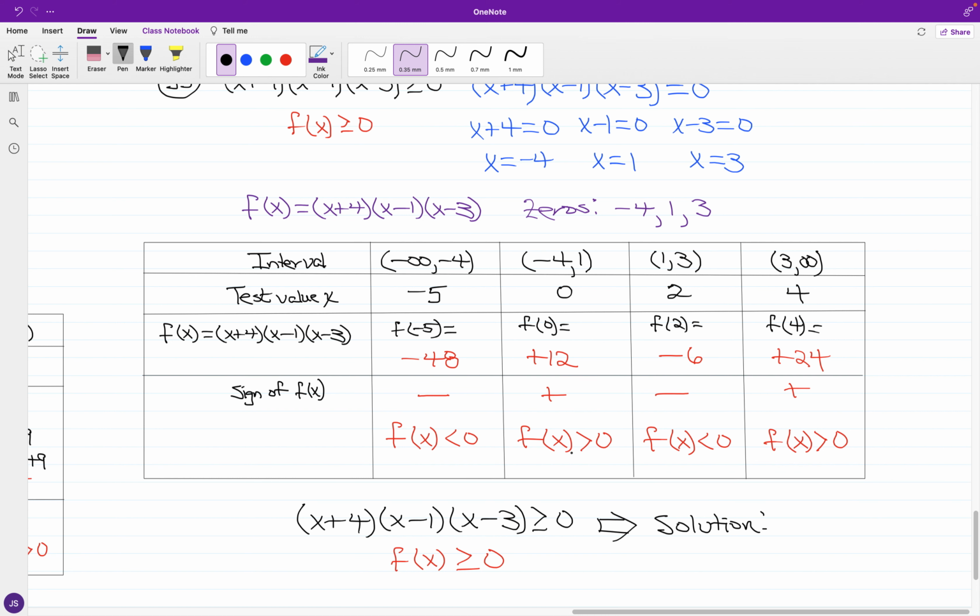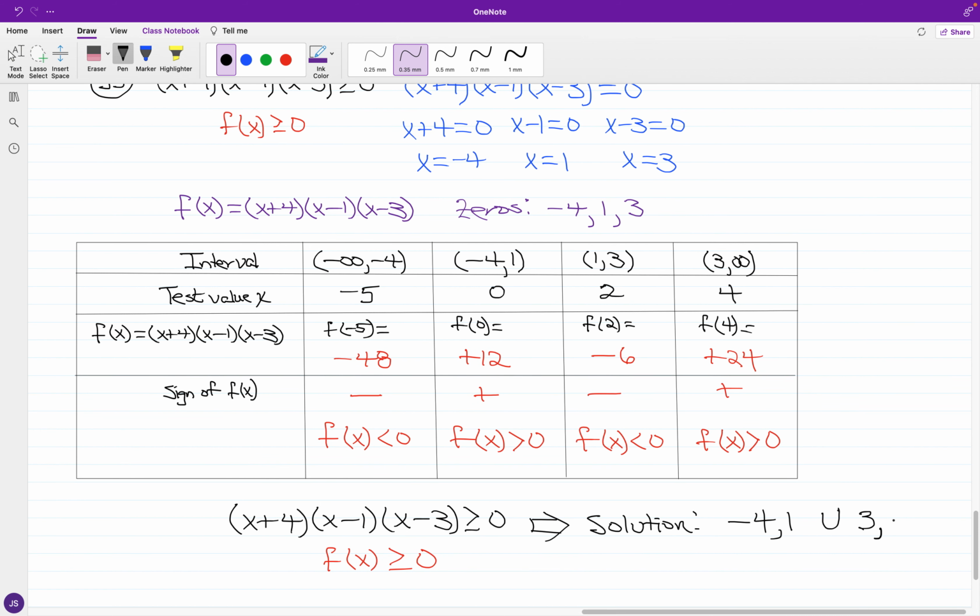So where f of x is greater than 0, we have the second and last interval sections. And so we'll be involving the limit values -4 and 1 from the second section, and from the last, we're looking at 3 and infinity. For the enclosures, infinities are boundless, so you have a parenthesis around infinity.